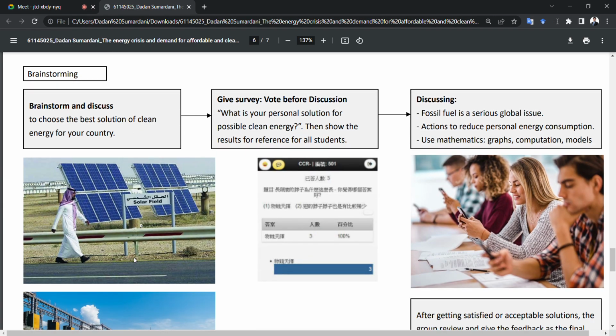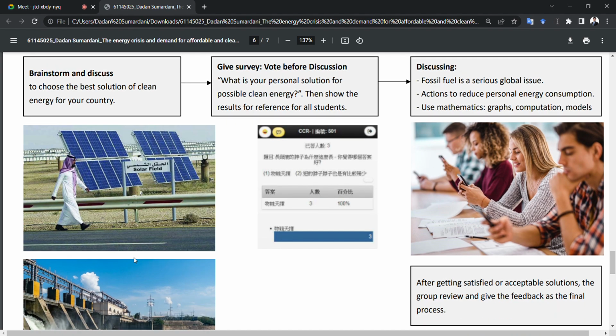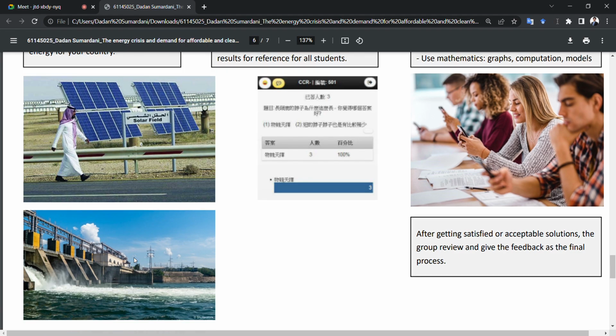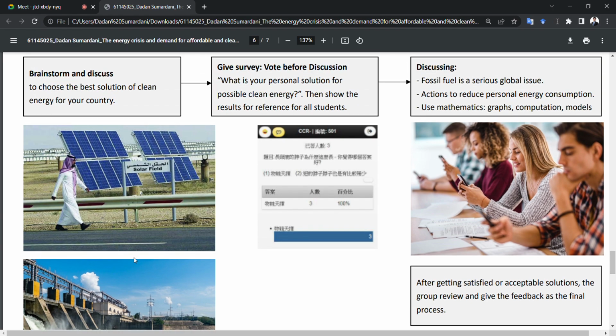And then another step, after self-regulated learning, they need to brainstorm and discuss to choose the best solution of clean energy for the specific country. For example, in Qatar, they need to choose whether solar energy panels will be suitable or a water plant will be suitable for Qatar. I think in this case, solar energy panels will be better for Qatar.